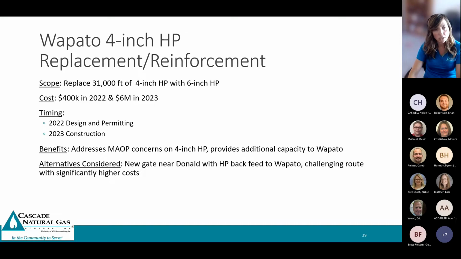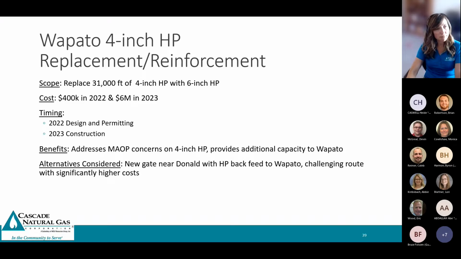Downstream of that's our 6-inch Zillah to Toppenish transmission line. Wapato is kind of on the west end of that system. From Zillah, we run into Toppenish, and then the line splits. One goes east into Granger, and this line goes west into Wapato.